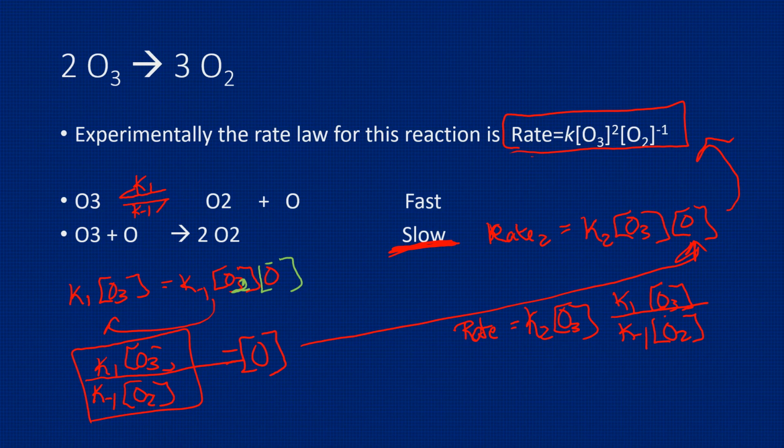Okay, so then rearrange. These cancel out because they are the same. And we have K2 times K1 over K to the negative 1 times O3 squared, and O2 to the negative 1.